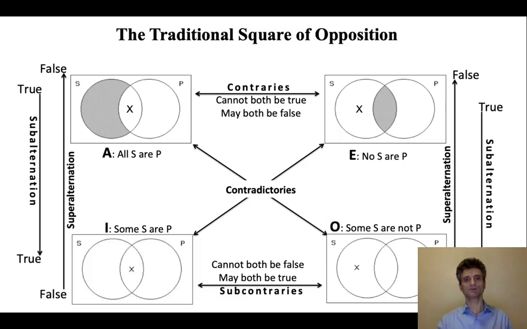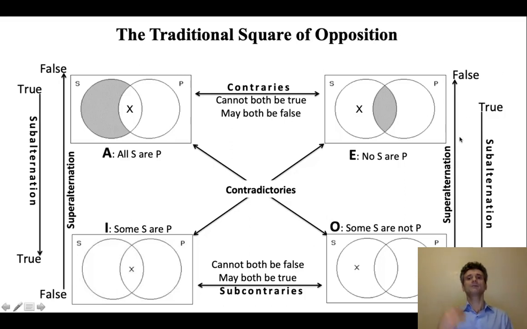Okay? They do exist. Similarly, when you look at the E form, when I say that no bananas are yellow, I still make, according to the traditional interpretation, an existential assumption. And the assumption is that there exist bananas.